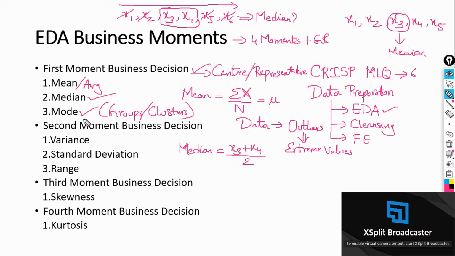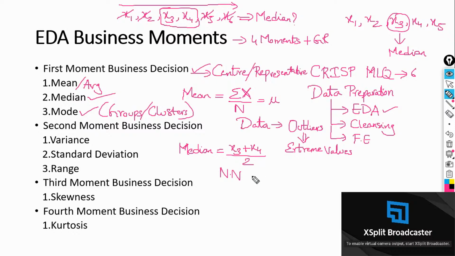And because of mode, you can also get the first moment calculated for non-numeric data. If you have any non-numeric column, one that does not contain any numbers, for such data also you can calculate the first moment, which is nothing but mode. I can go and get the mode of that specific column.